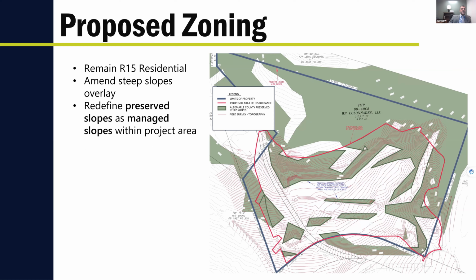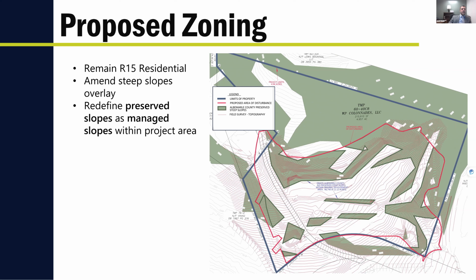So the applicant is not proposing to change the underlying R15 zoning. So that primary zoning category would remain the same. What they're looking to change specifically is the steep slopes overlay. This map shows the parcel defined in the dark blue outline, and then the pink outline is what the applicant is calling the proposed area of disturbance, or the project area, where the actual grading and site work would be done.